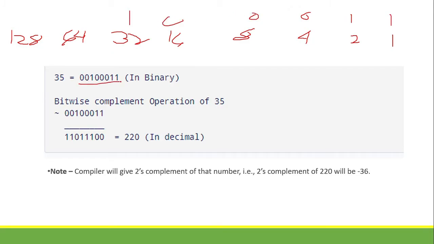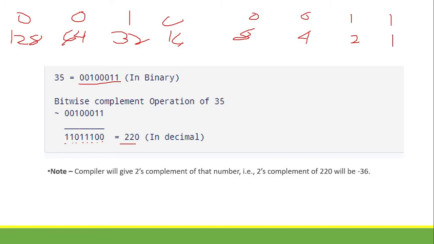Tama. Then, let's perform the bitwise complement. So, kay bitwise complement, binabaliktad lang niya yung magiging sagot natin. So, kapag binaliktad siya, magiging 1, 1, 0, 1, 1, 1, 0, 0. So, pag transform natin ito into decimal, 128 plus 64 plus 16 plus 4 plus 8 is equal to 220.